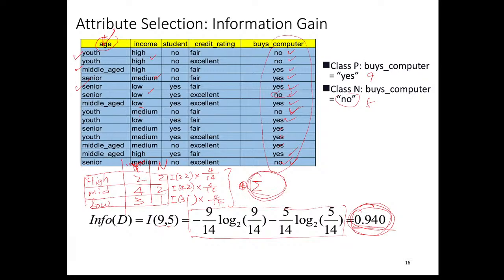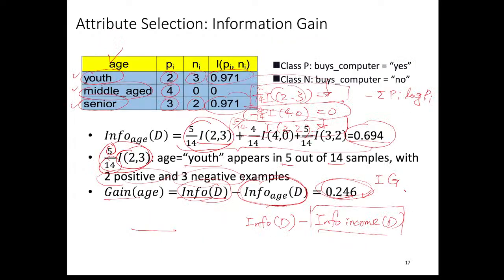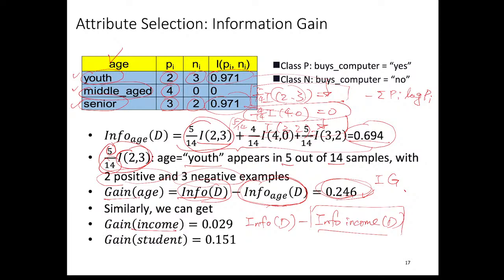This is the entropy if we use income as the criteria to split people into groups. Likewise, you can compute the information gain based on people's identity, whether he is a student or not, and you can again split people based on the credit rating information. Because we have 4 attributes, we can compute these 4 numbers.